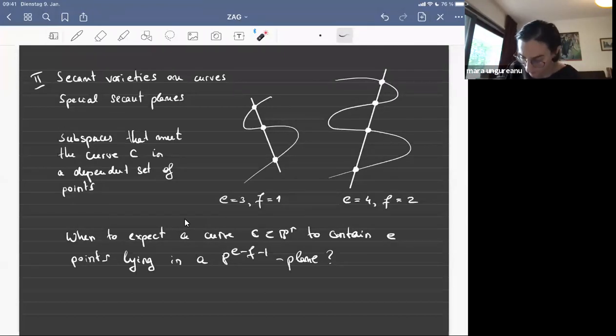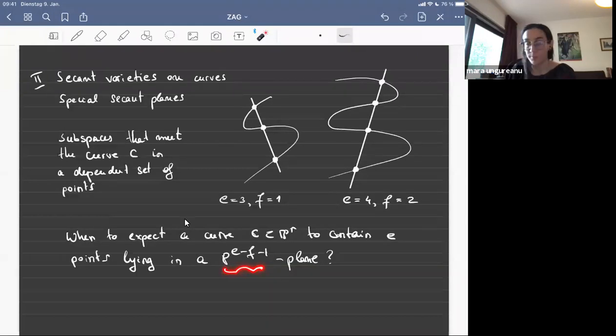So in this case, for example, I have that e is equal to 3 and f is equal to 1, right? Because I have 3 points that lie in a P^(e minus f minus 1) plane, and if e is equal to 3 and f is equal to 1, then I get a line. So that's exactly what I need. And for the quadrisecant line, I have the same situation: e equals 4, f equals 2, and so I have 4 points lying in a P^1, so in a line.